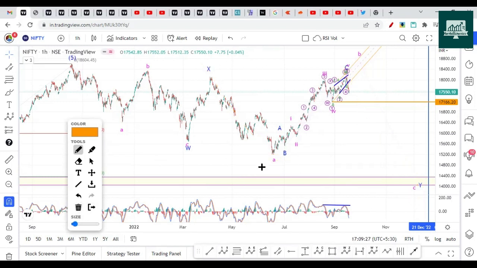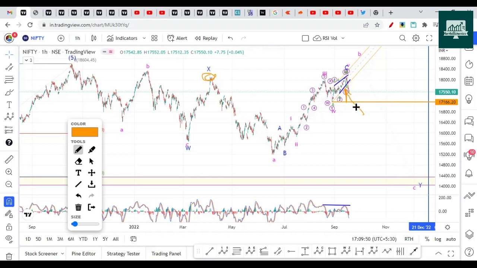So the reason it may not break this now is this ending diagonal pattern. Ending diagonal is a termination pattern, and now it will be difficult for it to break this. So it needs to sustain 17,000. It needs to trade right above 17,000 in the next correction.